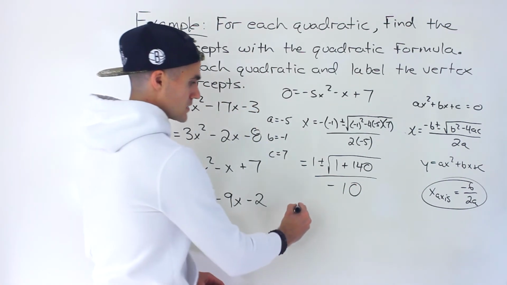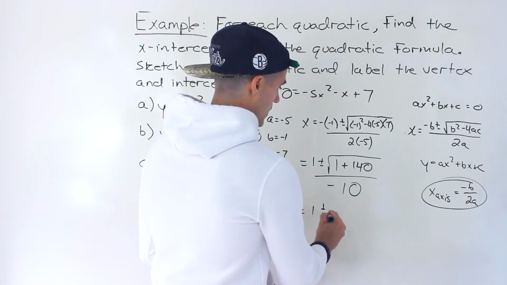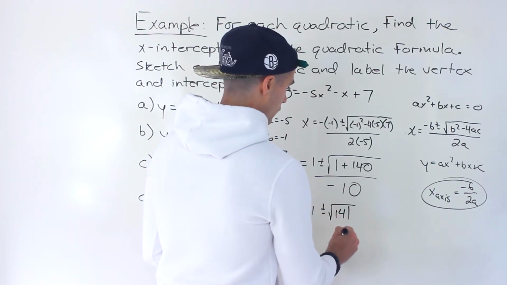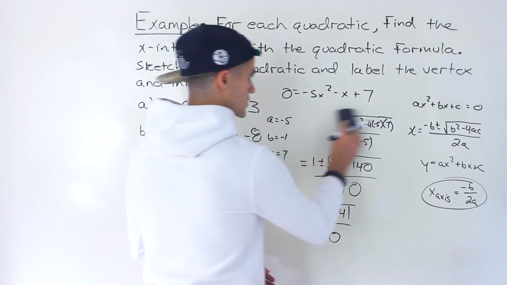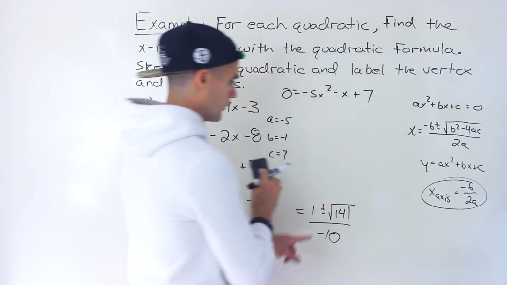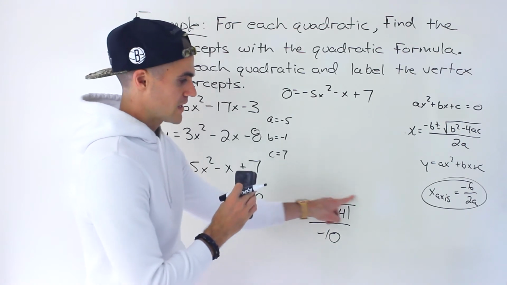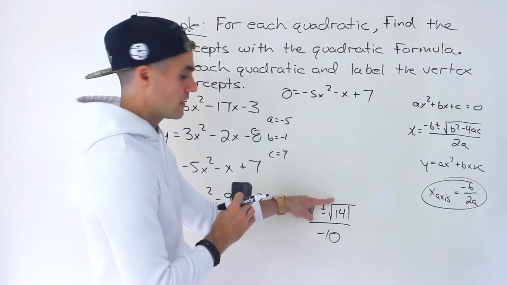So then continuing this on, we'd have 1 plus or minus root 141, and then it's going to be over negative 10. By the way, this root 141, you can't simplify that radical any further.